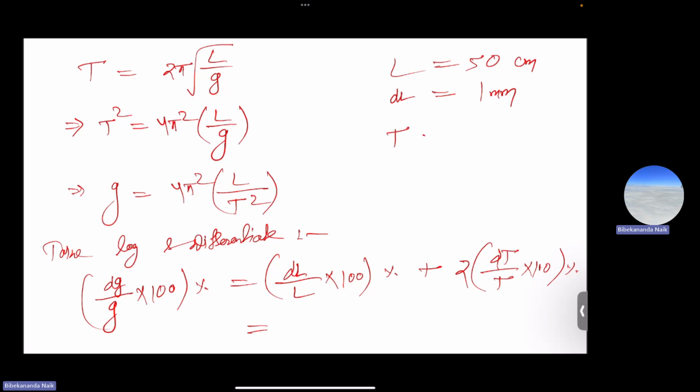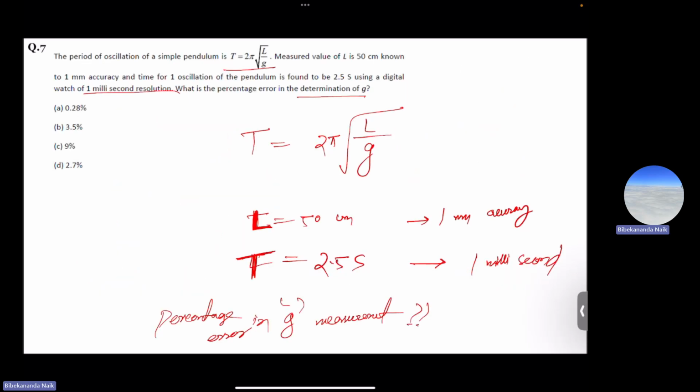Then similarly t is 2.5 second and dt is, sorry, it is not 2 millisecond, it is 1 millisecond.